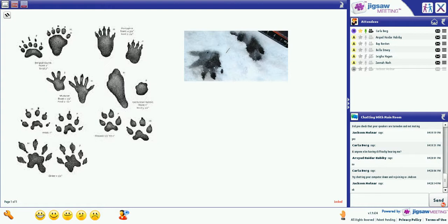So now that I've sort of described a track, go ahead and give me a smiley face if you think you may have seen animal tracks either in your yard or around your house before. Anyone think they've seen animal tracks in their yard before?